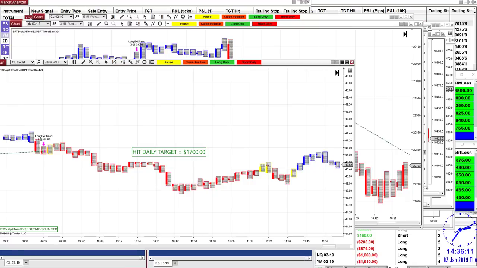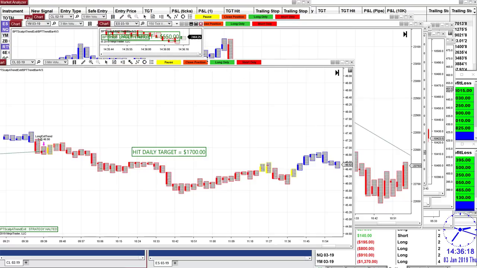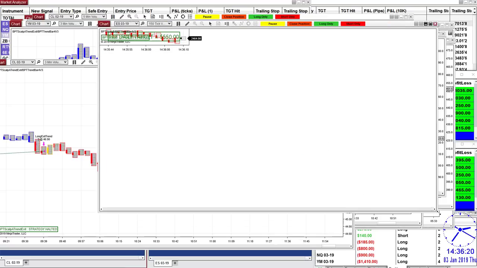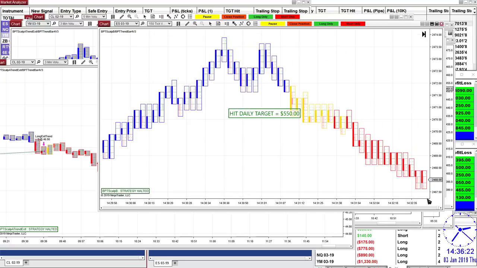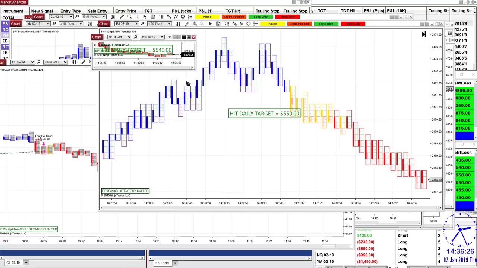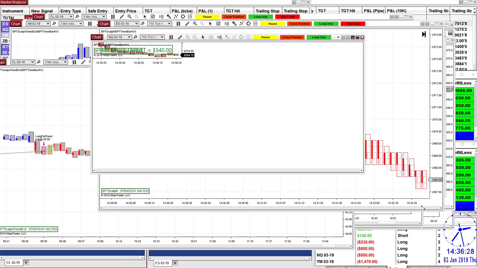Let's go back on the scalping one more time to show you the volume. This one here, 550. They are on a $500 target.